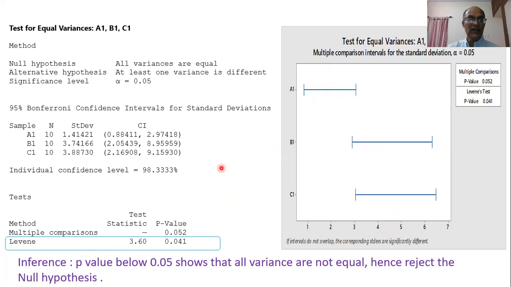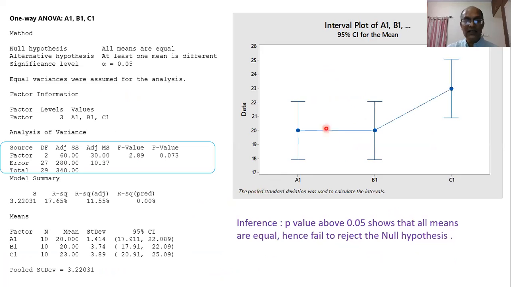So we'll see that with this case, if you do an Anova study, what will be the result? In this case, the means remain the same, 20, 20, and 23. Still, the p-value is above 0.05. That means if the p-value is above 0.05, we have to retain our null hypothesis. Even though the mean values are different, it is still showing that they are not significantly different from each other, or that all the mean values are equal.